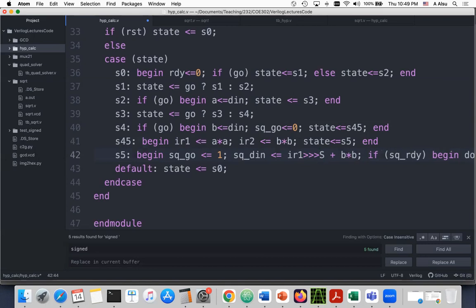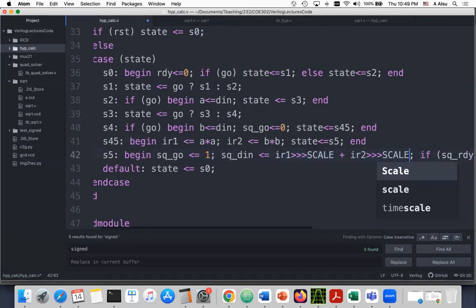Shifted to the right by scale. This corrects the multiplication as a fixed point number. And also IR2, intermediate result 2, shifted to the right by scale.